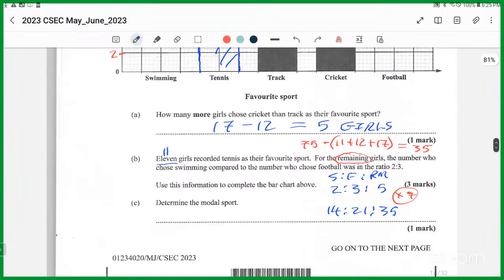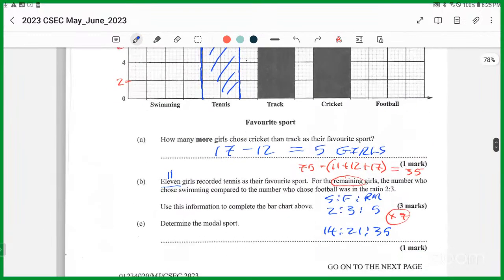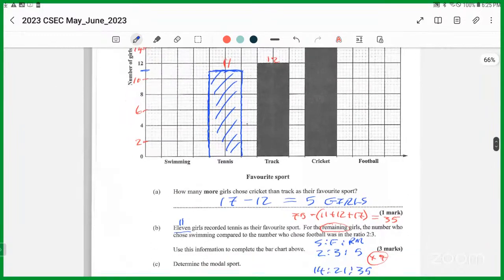Right? So let's go ahead. Swimming, 14. Football, 21. Let's draw those bars.